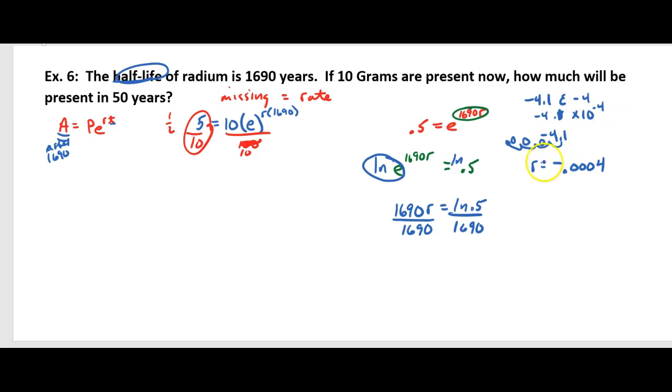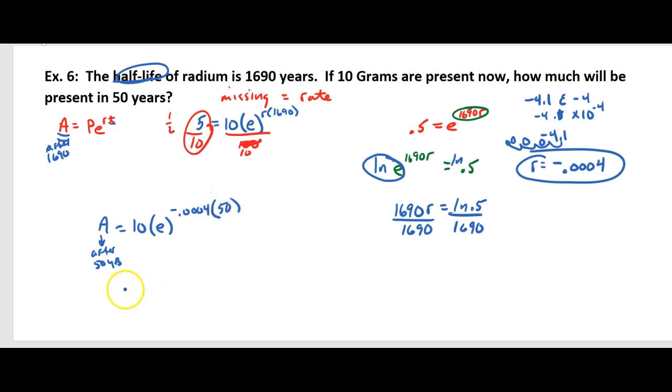Now that I have my rate, and remember that the rate already is a decimal, now I can go back here and say the amount after 50 years is equal to, what did I start with? 10 times e to the, now I'm using that rate, negative 0.0004 times how many years? 50.